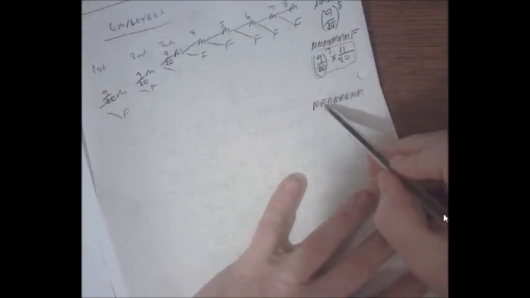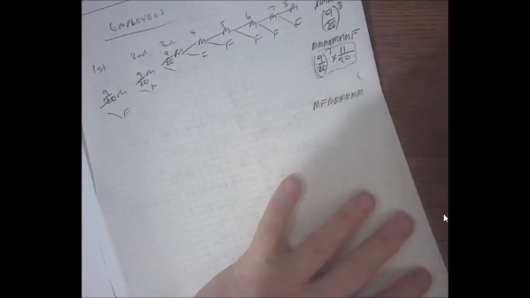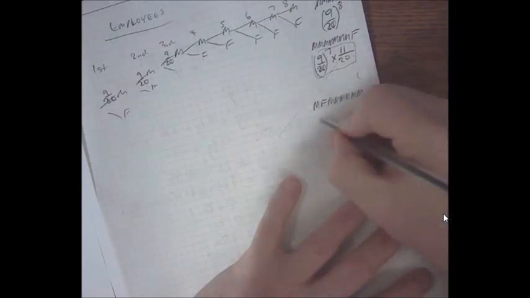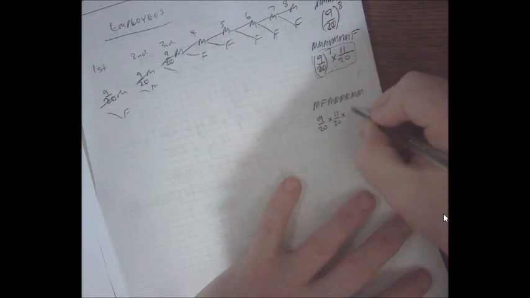So male, female, so up, down, up, up, up, up, up, up, up, up, up. And so that'll be 9/20 times 11/20 times 9/20 to the power of 6, which is the same as that.